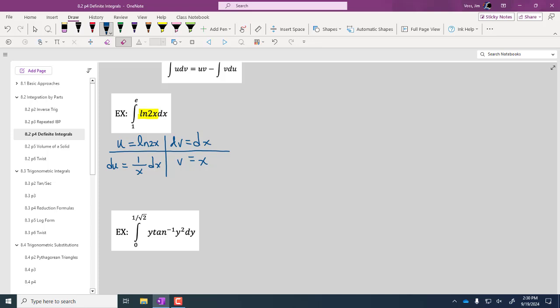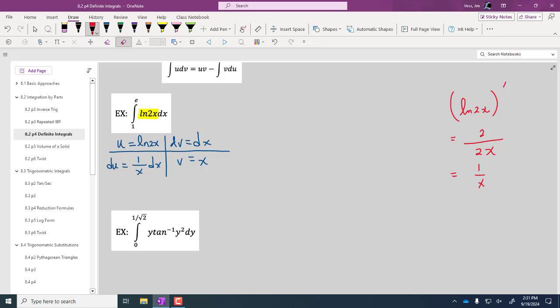So you get a 1 over 2x, but then you multiply by 2, so then the 2's cancel. Everyone following that? So if you take natural log of 2x, the derivative is 1 over the inside, multiplied by the derivative of the inside, so you get 1 over x.